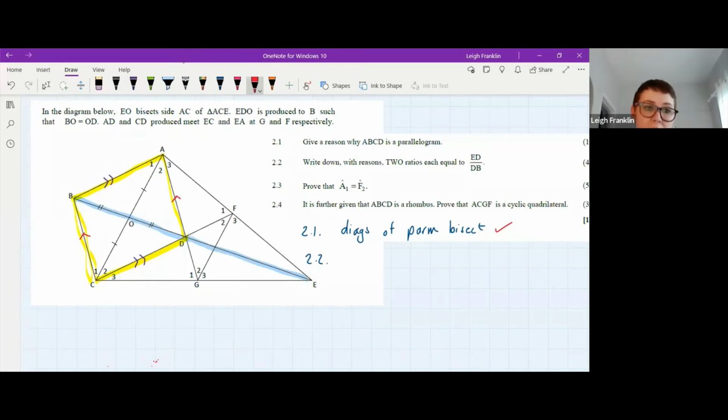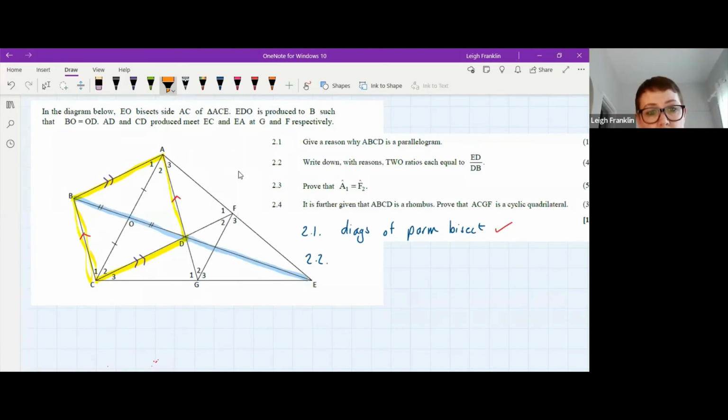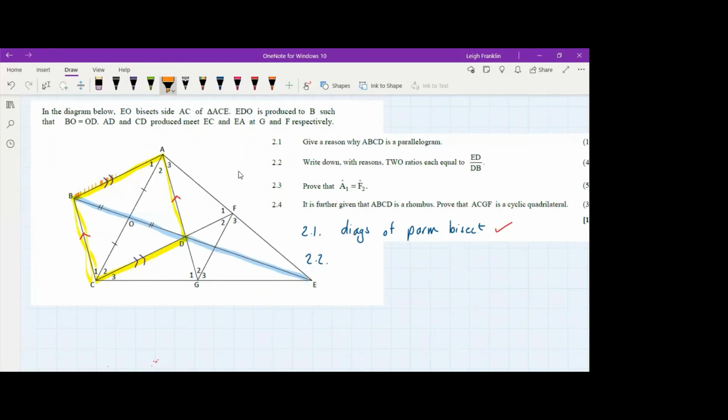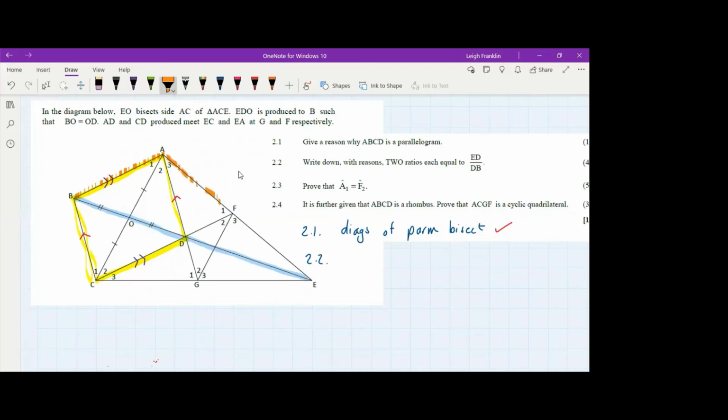So look for a triangle. It can be difficult to see in this situation. You need me to help you see the triangles we're working in? I think it's BAE. That's it, BAE.